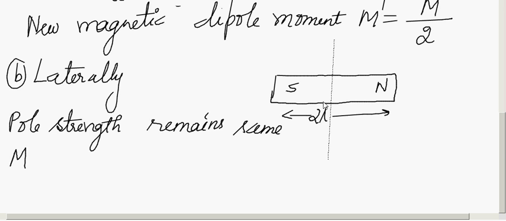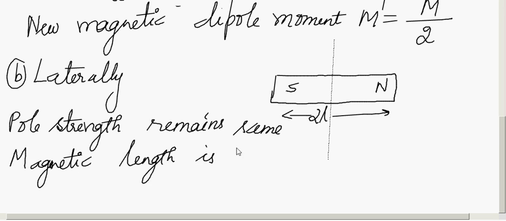You can see from here the length 2L, so each part will have a length of L. The magnetic length is halved.